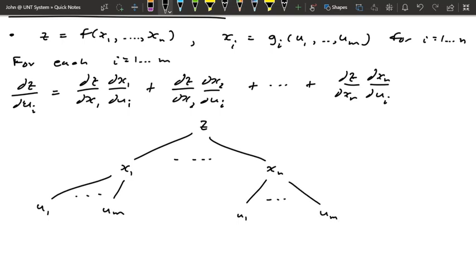And then you can label each of those lines with the corresponding appropriate derivative. And then if you want to take the partial derivative of z with respect to a particular variable, you would just take all the paths starting from z and leading down to that variable, multiply each derivative along each such path, and then add them together, and you get exactly this formula here.